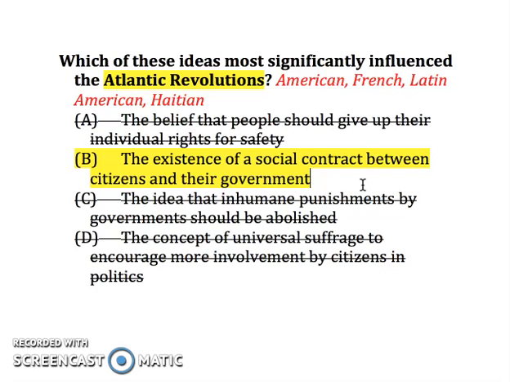So if I'm in traffic and I just want to cut down the middle of the street and go through a traffic light because I'm angry and I want to get where I'm going, I don't do that because I know it can cause harm and I've agreed to follow traffic laws that are set by the government. So the best answer for this question would be B, the concept of a social contract between citizens and their government. We agree to allow the government to control us. We give them our consent so that the government should be doing things to help us, which is a big change from the monarchies of this time who basically did whatever they wanted to the people.